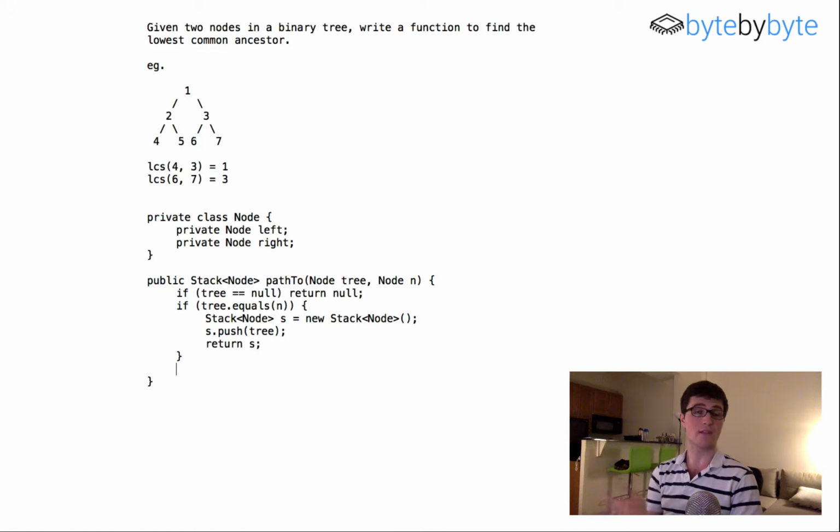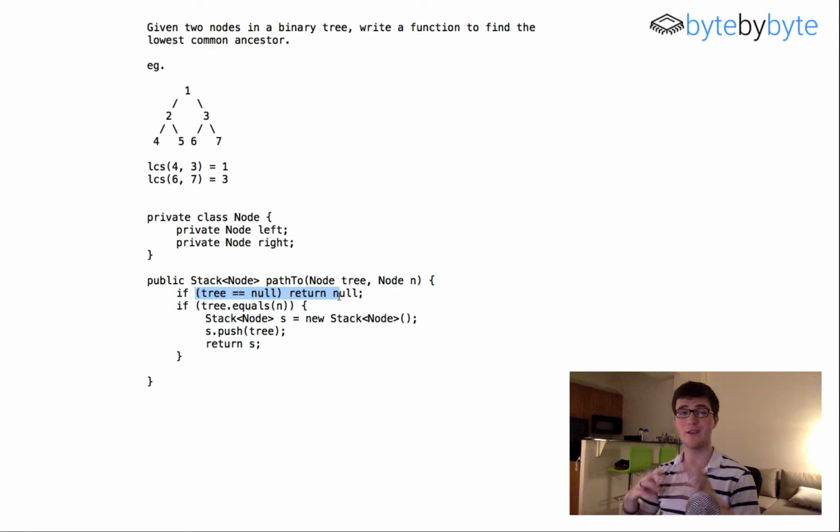And the result is going to be that I call this on the two subtrees, and then one of those is guaranteed to be null, right? Because we're going to get to here and we're not going to find the node that we're looking for, and so that's going to be null. And then the other one may be null or it may not be null. If the other one is null, then I know that I didn't find the node that I'm looking for at all.